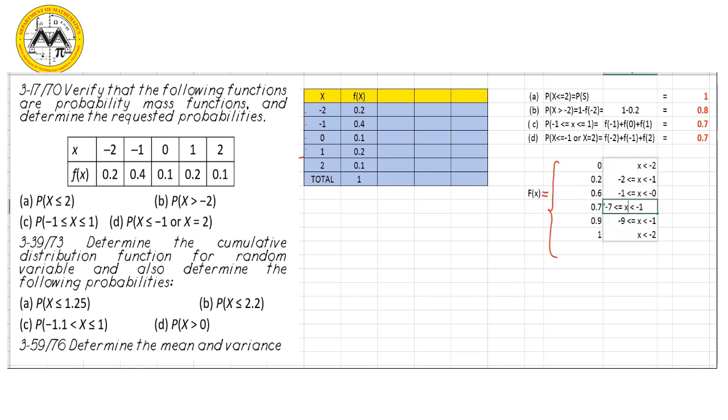Next would be from 0 to 1, and then from 1 to 2. And finally, we have x greater than or equal to 2. So this is our cumulative distribution function.